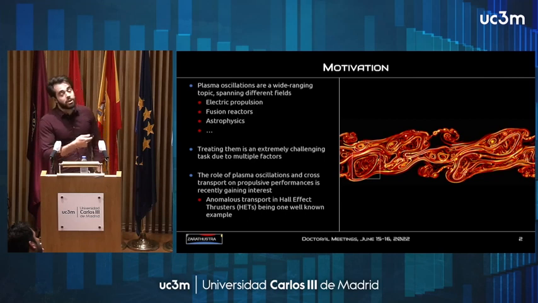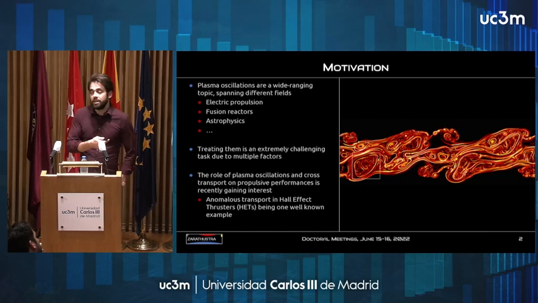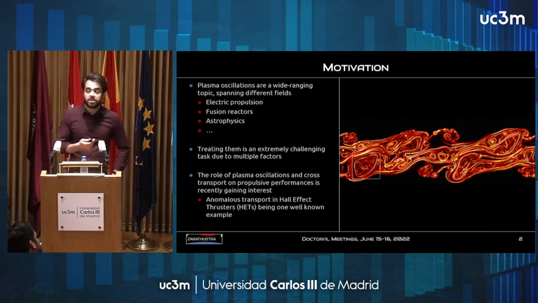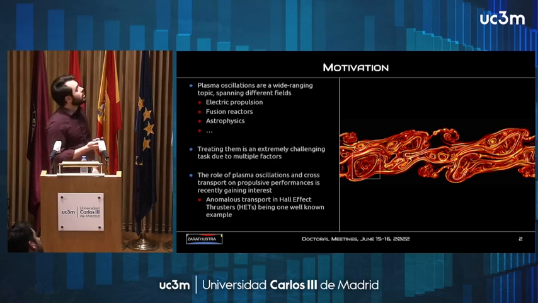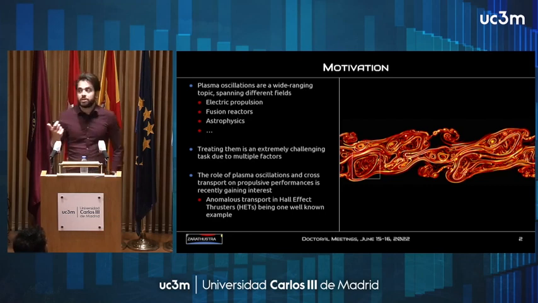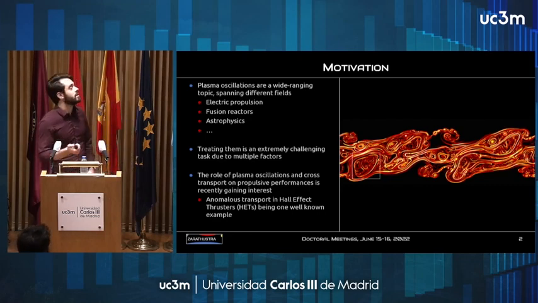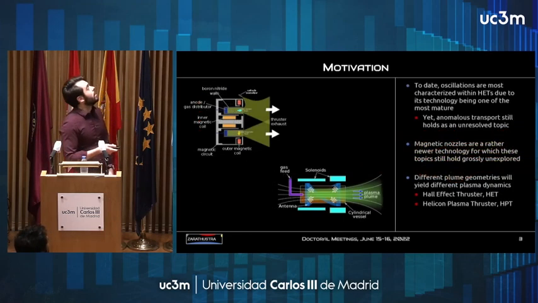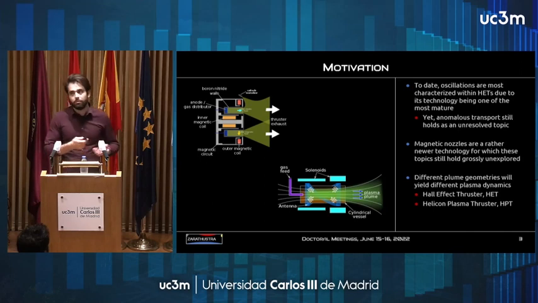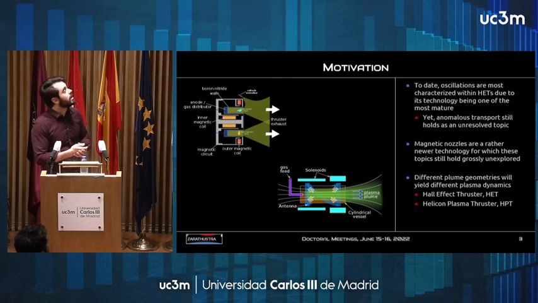The role of plasma oscillations and cross transport has been seen in the last years to be affecting the propulsive performances of the thrusters. One well-known example is the anomalous transport in Hall-effect thrusters that has been already discussed by some of my colleagues beforehand. Oscillations to date are mostly characterized in mature technologies such as Hall-effect thrusters and ion thrusters.